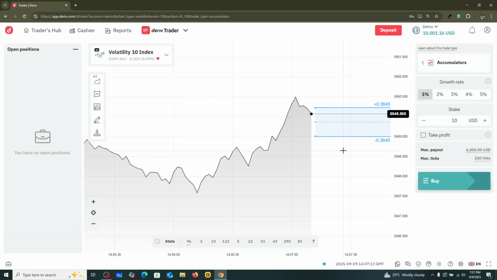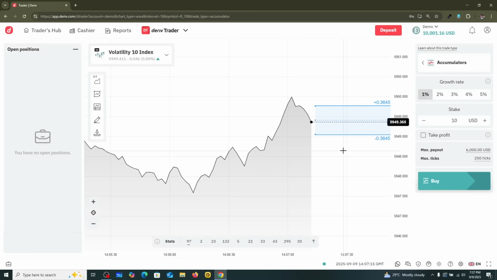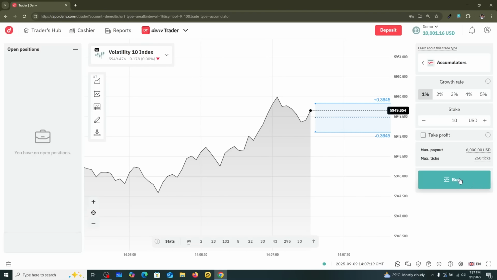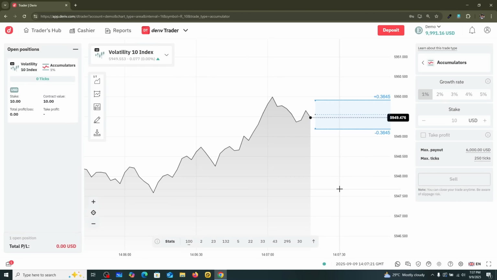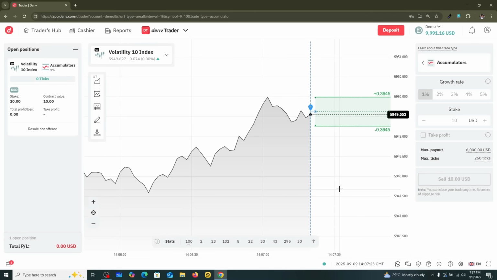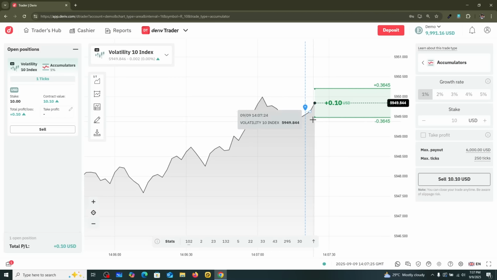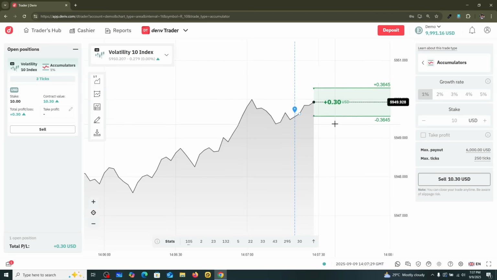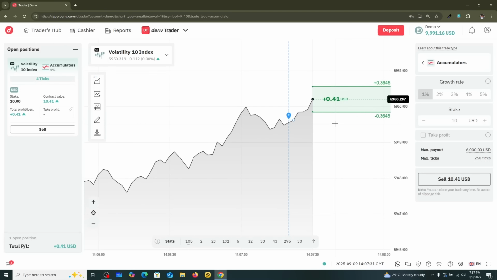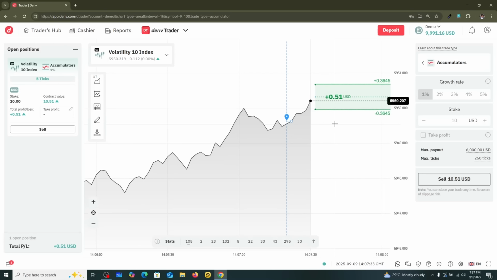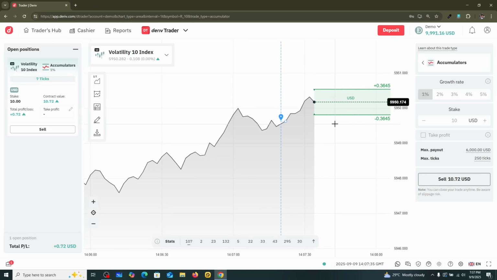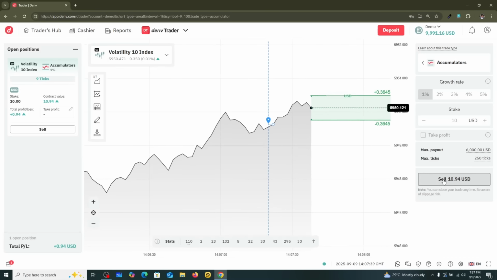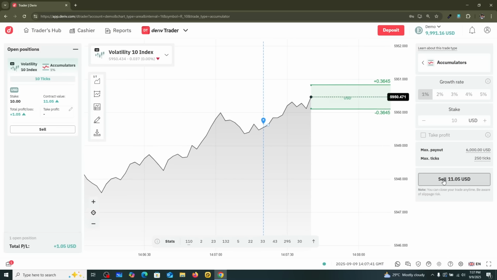Next, how are we going to lose this? Let me buy this. In this period, before we sell it, if the market touches one of those barriers, upper or lower, it will lose our contract. So we have to sell it before the market touches either of the two lines.